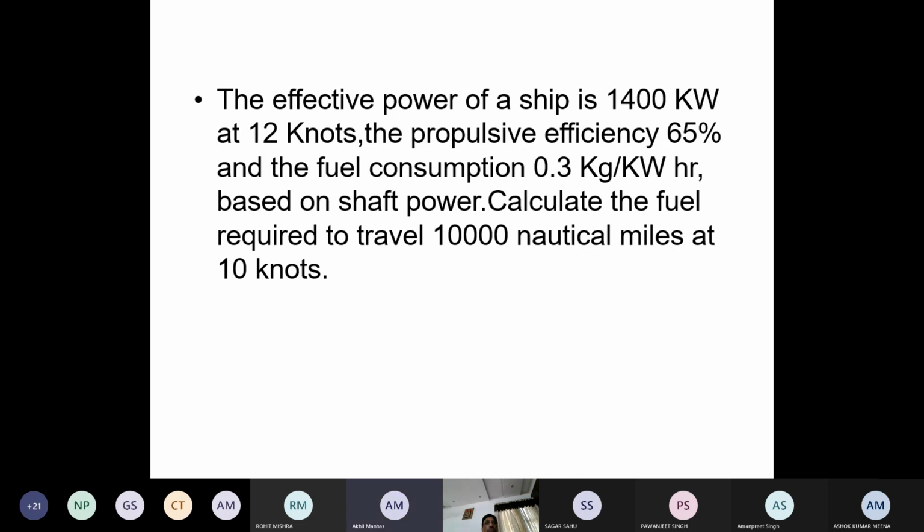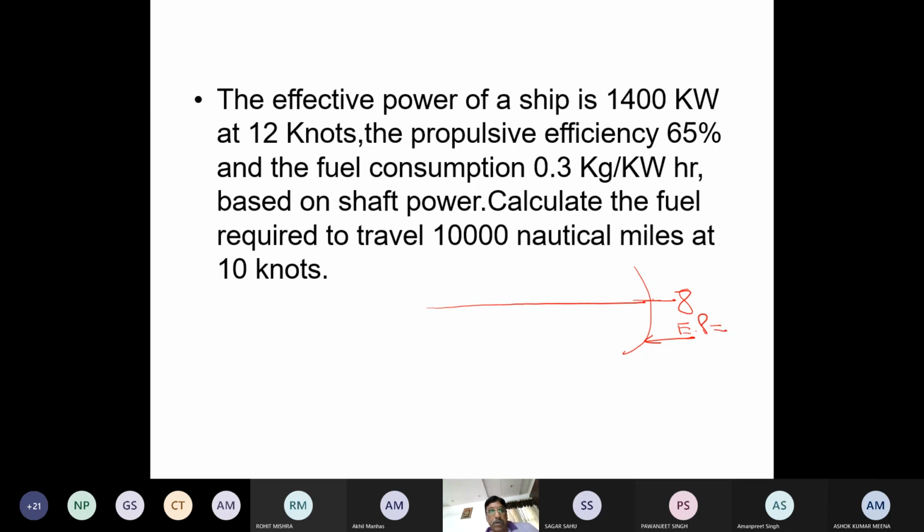सर बता दो ये वाला कैसे करें? यहाँ पे जो पावर है that is the effective power.